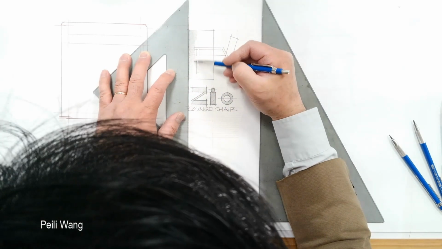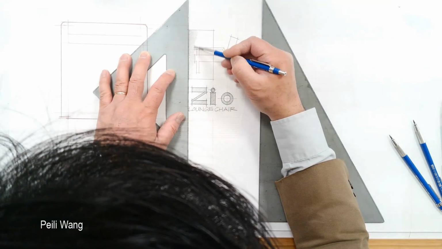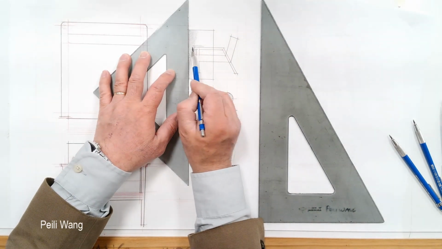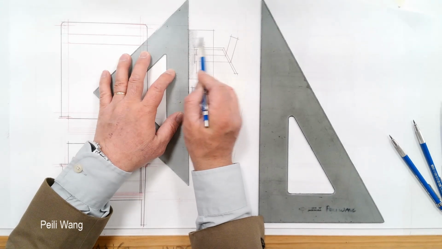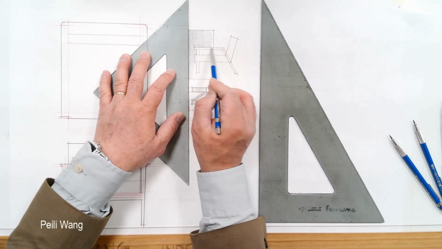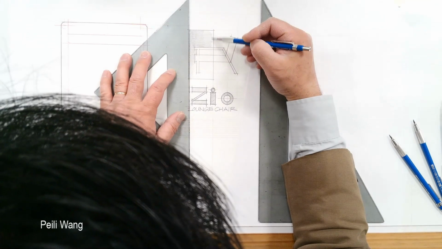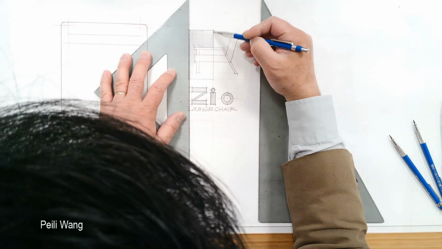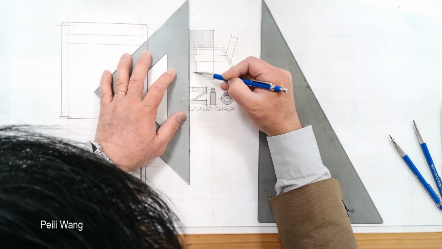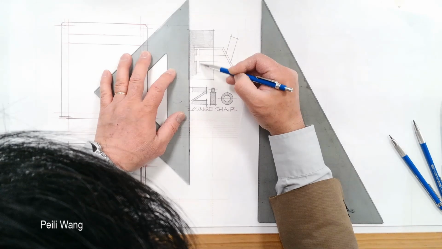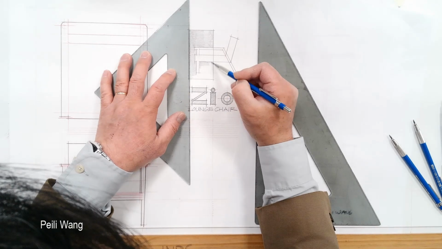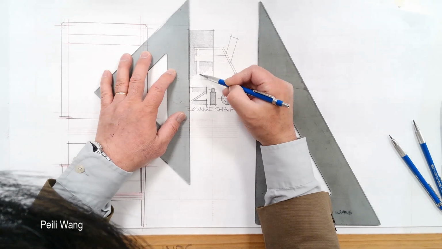Okay, see? Negative shape. This is a negative shape. After shade, be careful not to smear, okay?